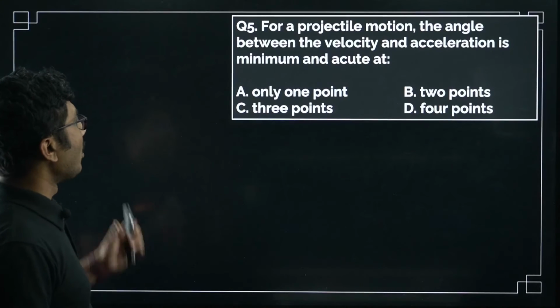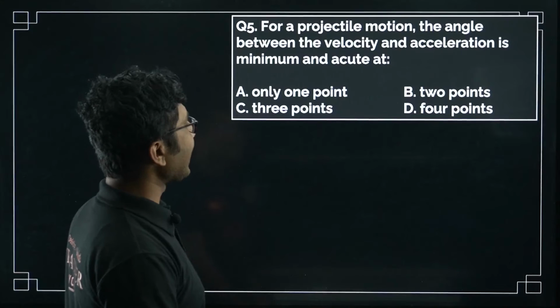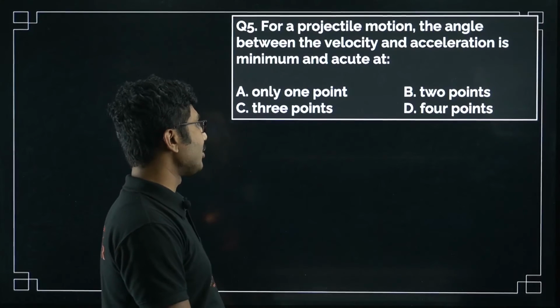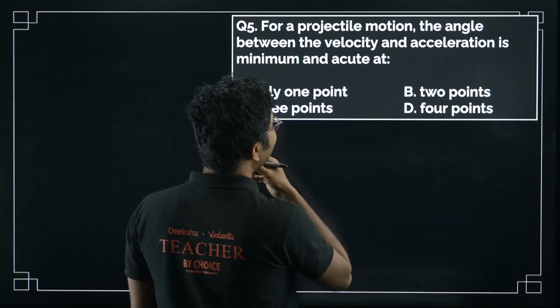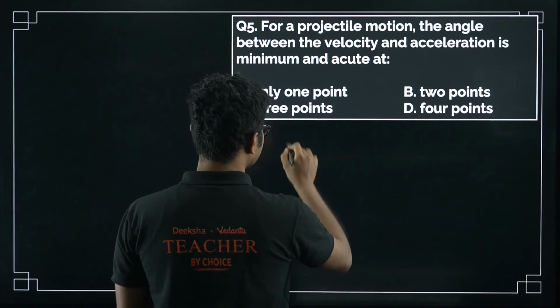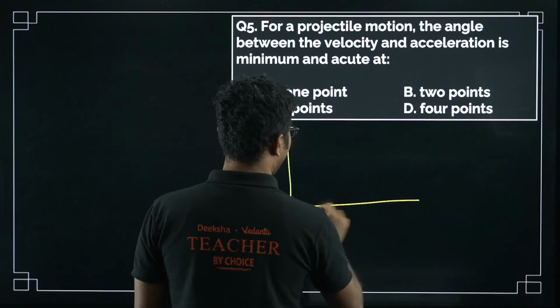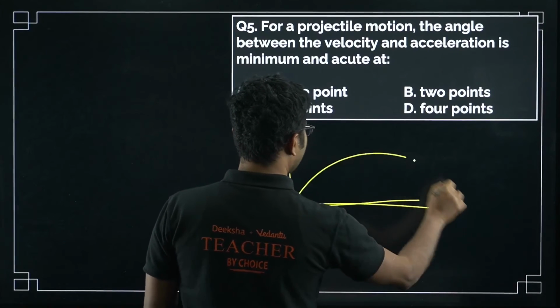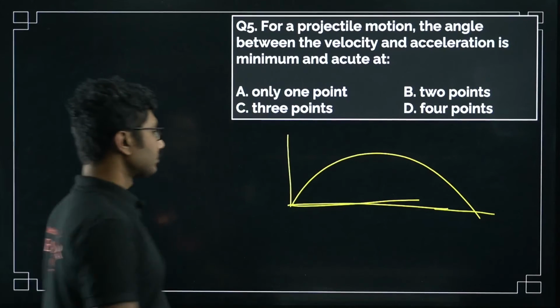Now for a projectile motion, the angle between the velocity and acceleration is minimum and acute. So for projectile motion, the angle between the velocity and the acceleration, let's see, there you have projected an object like this.